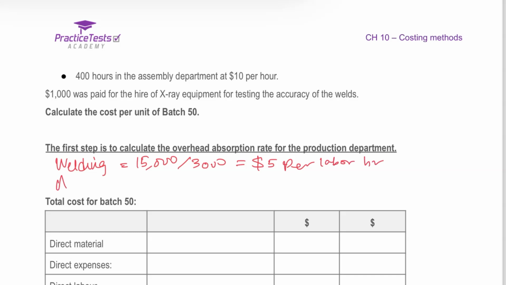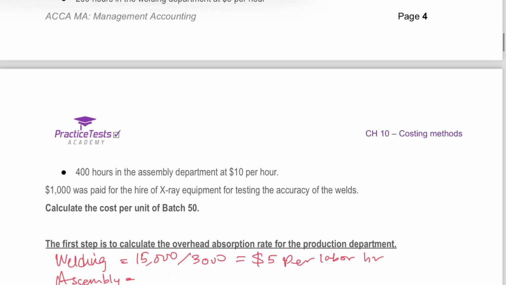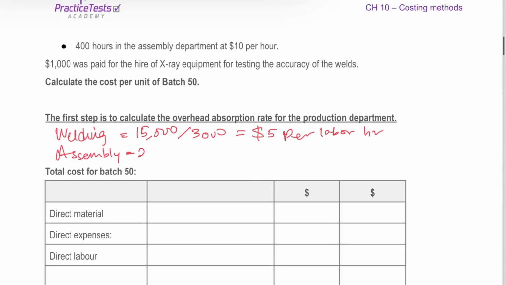And then for assembly, it will be 20,000 divided by 5,000. We'll have $4 per labor hour. So I hope that is clear.